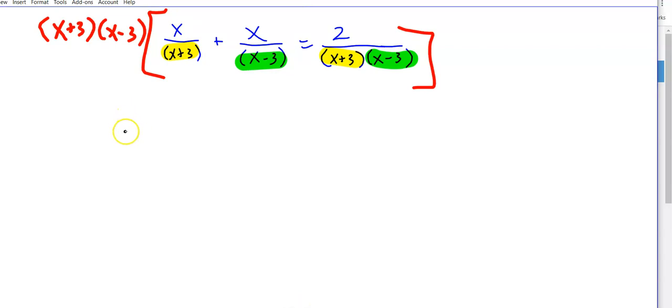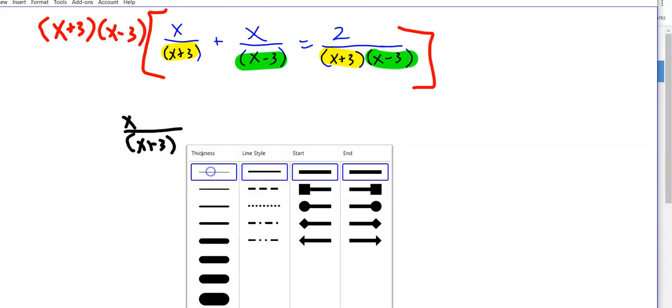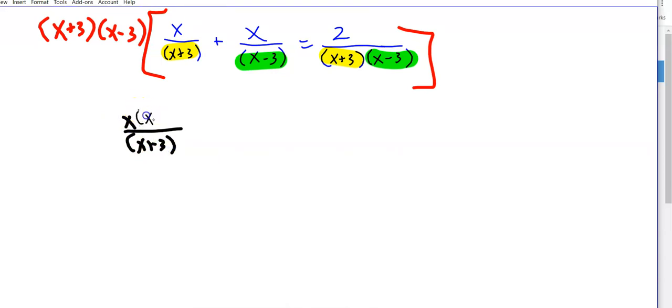So if I multiply that first fraction, which was x over x plus 3, I'm going to multiply by x plus 3 and x minus 3 in the numerator only. Plus the second fraction was x over x minus 3. And again, I multiply the numerator by x plus 3 times x minus 3.